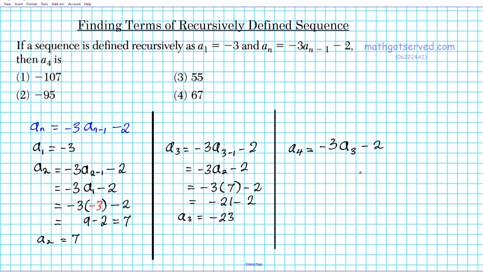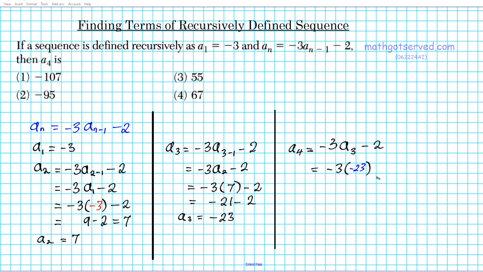We carry out a substitution here: negative 3 times a sub 3, which is negative 23. We plug that previous term in there, and then we simplify.